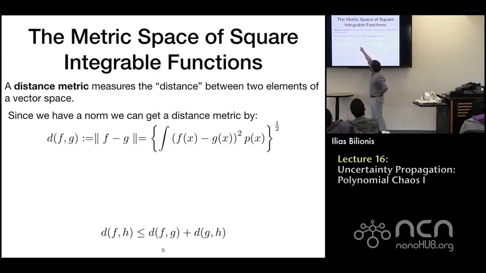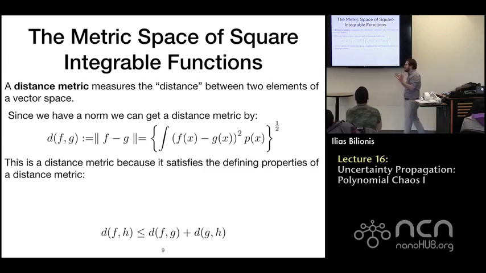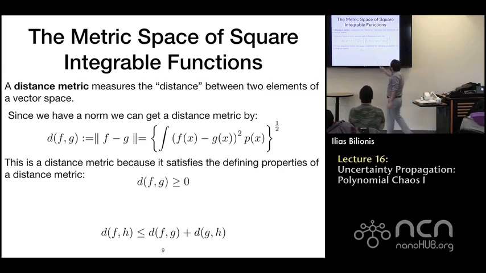And if you look at what this was, it was this thing. Okay? It's the difference of f of x minus g of x squared integrated over the possible x's. I forgot the density. All right, and this is a distance metric because it satisfies exactly the properties of distance in Rn, and these are basically these.